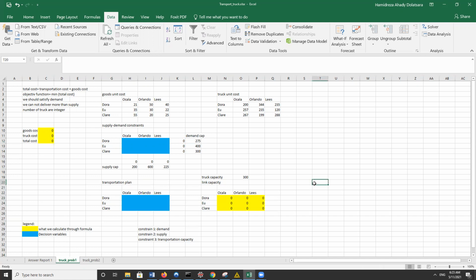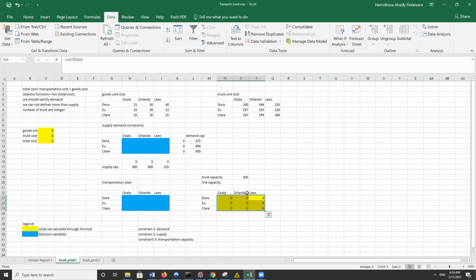Okay, so two decision variables: about quantity of products, and about how many trucks. Two types of decision variables. Then the following constraints: demand policy, supply policy, and the last one is truck capacity.